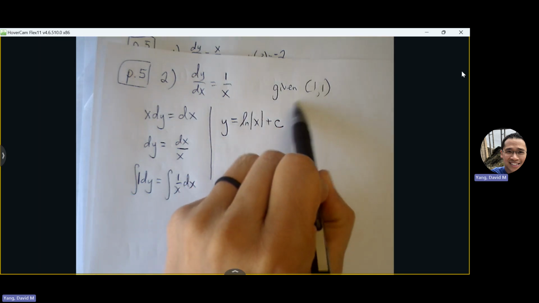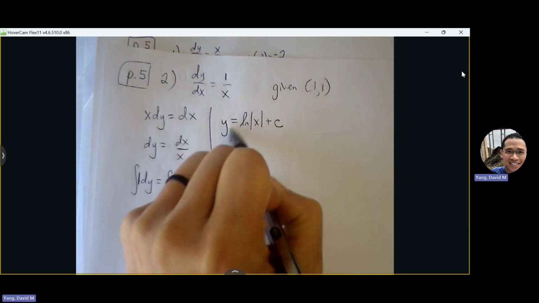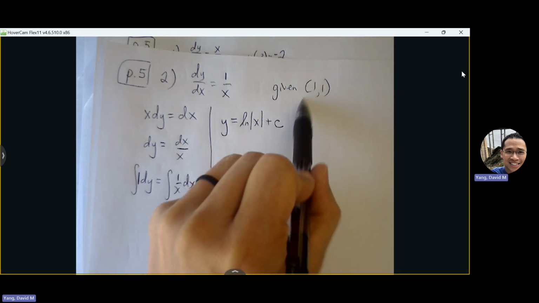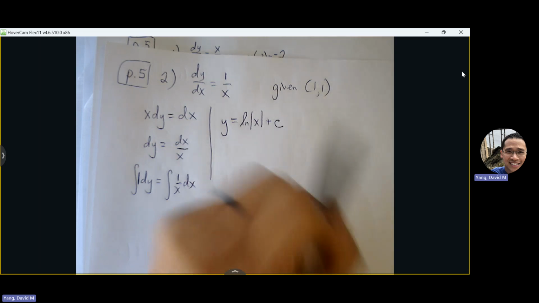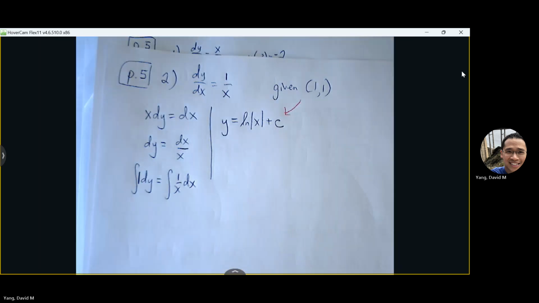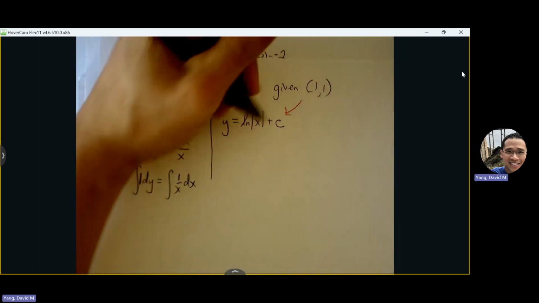Okay, it's nice that we already have y by itself, the only thing left is to solve for c. So plug 1 in. One in for x, one in for y.